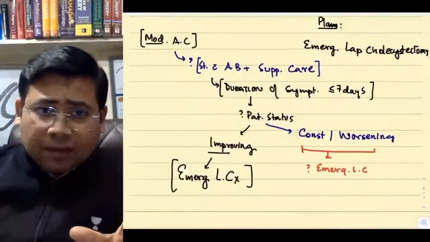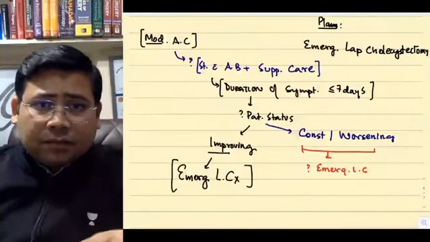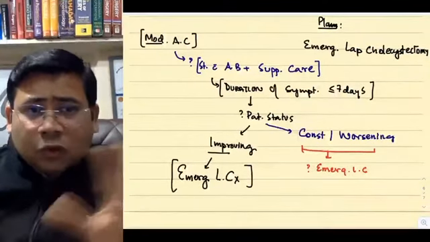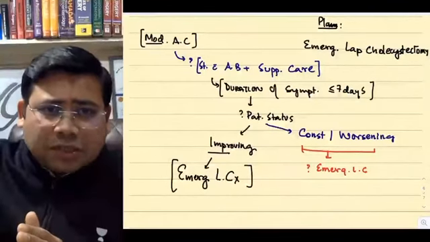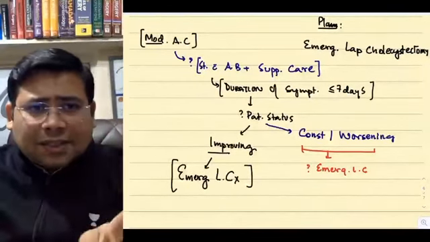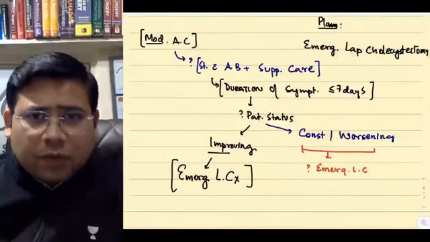Let me tell you, the only way to get rid of cholecystitis is to get rid of the gallbladder. There is no guarantee that if you continue conservative management for the next 4 to 6 weeks, the patient will not be relieved of pain. So boss, if you are in an advanced center, you have to go for emergency laparoscopic cholecystectomy.